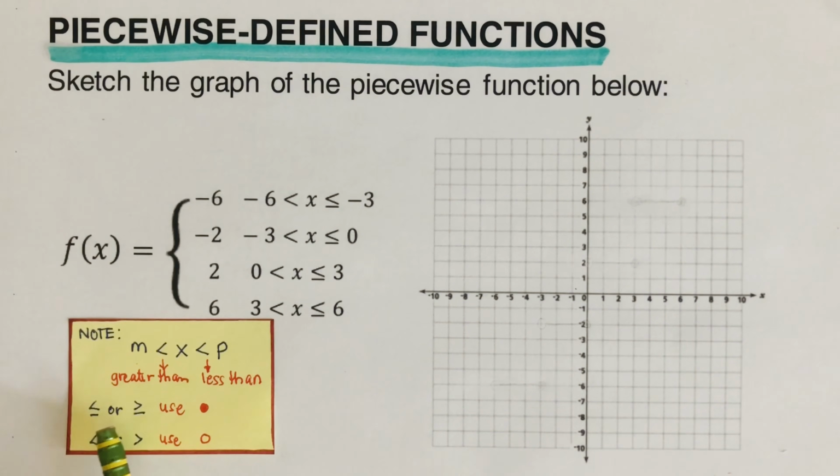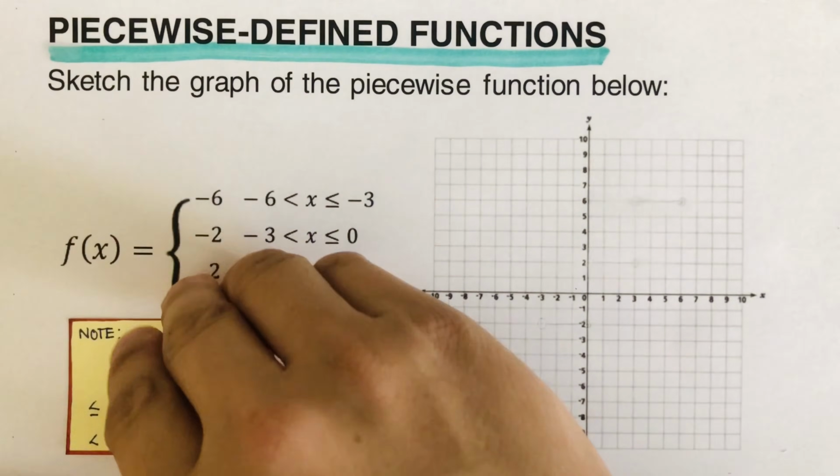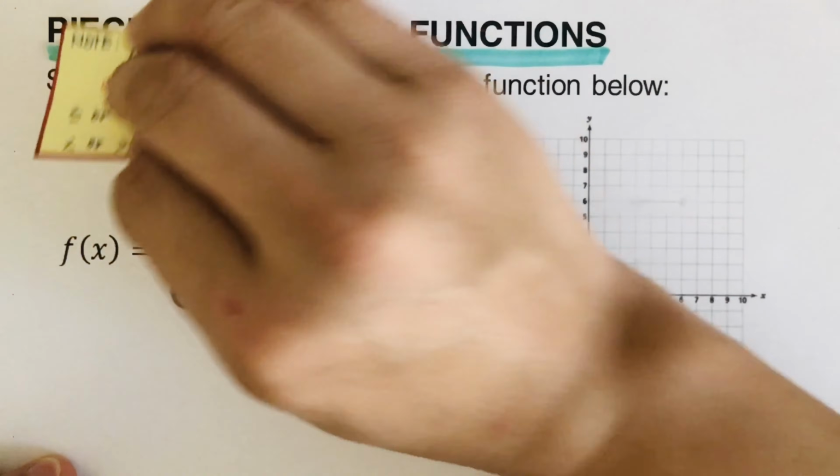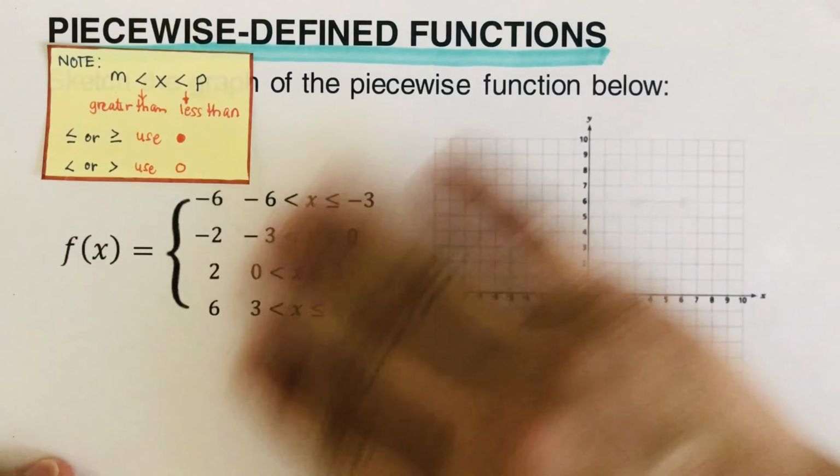We also remember that if we get a less than or equal to or greater than or equal to, when there's a bar underneath the inequality sign, we use a solid circle. And when we have a less than or greater than without a bar underneath, we use an open circle. I'm going to put this note up here, and we're going to be using that in this example.